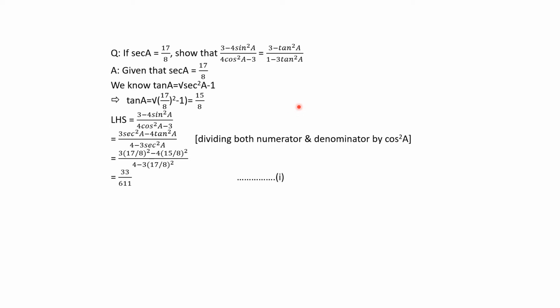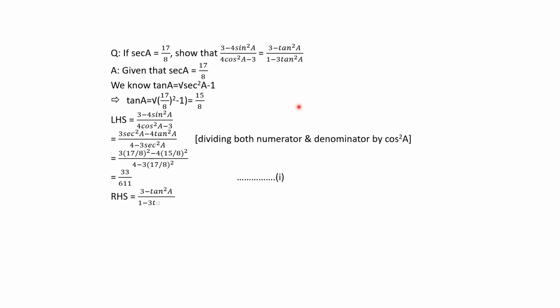On dividing cos square A in both numerator and denominator, we get 3 sec square A, because 3 by cos square A is sec square A, and 4 sin square A by cos square A is 4 tan square A, whole divided by 4, as this cos square A gets cancelled, minus 3 by cos square A, which is 3 sec square A. Now putting the values, we get 3 into (17 by 8) whole square minus 4 into (15 by 8) whole square, whole divided by 4 minus 3 into (17 by 8) whole square, which is nothing but 33 by 611. Let this be the first equation.